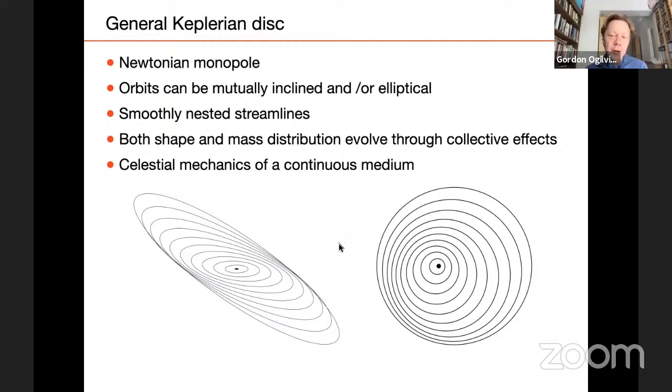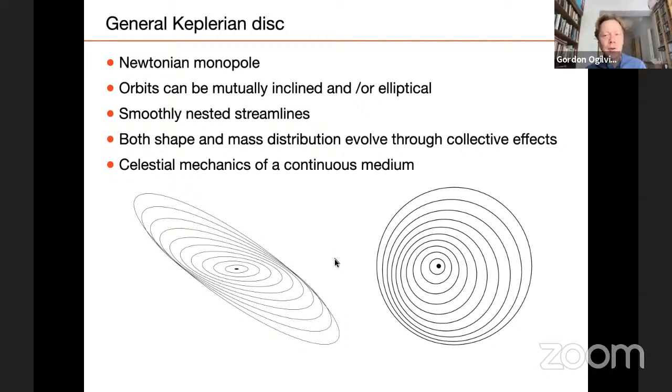But having set up a disk of this form, it's then appropriate to ask how do, well, not just the mass distribution, but also the shape of the disk evolve on timescales long compared to that of the orbital motion as a result of the various collective effects in the fluid?